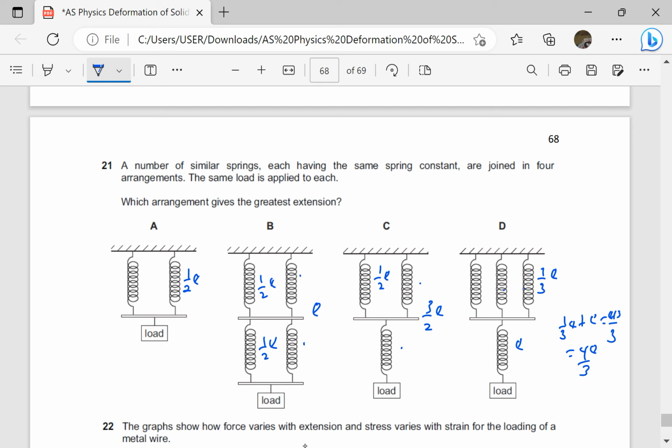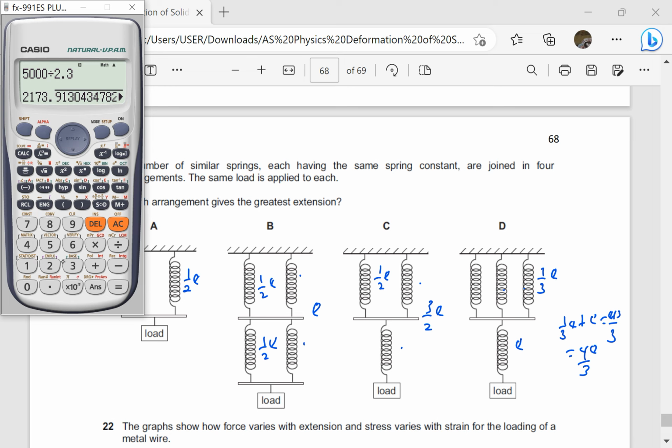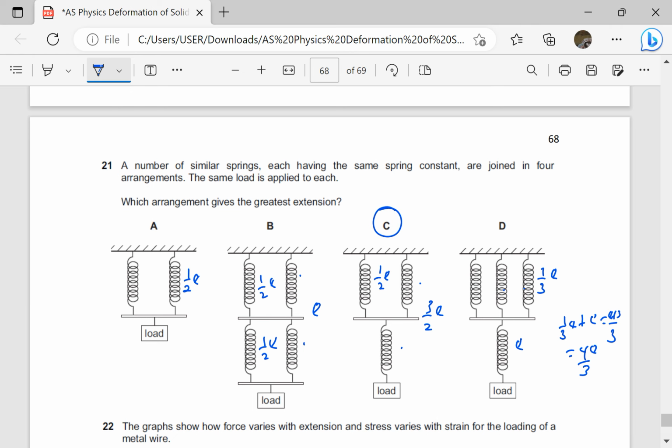So which one is greater, 4E over 3 or 3E over 2? Let's compare those two. 3 divided by 2 is 1.5, and 4 divided by 3 is 1.3. So the answer is going to be C.